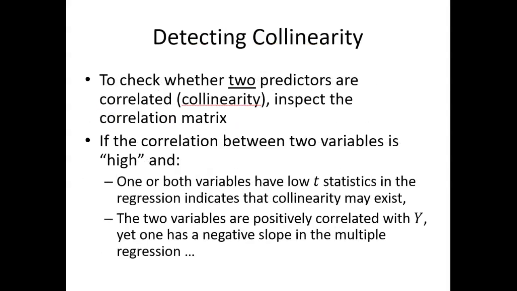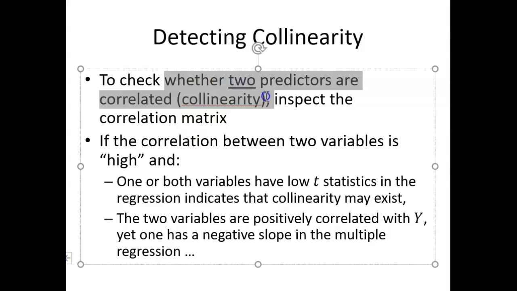So, detecting collinearity or detecting multicollinearity are two different things. Collinearity is when you are just checking to see if any two predictors are correlated.